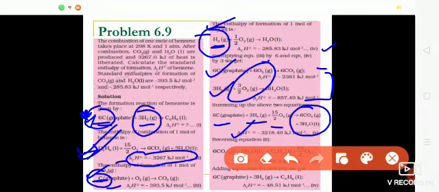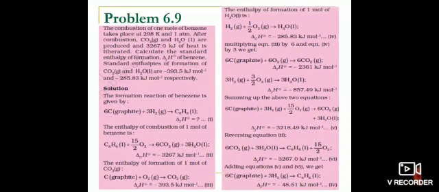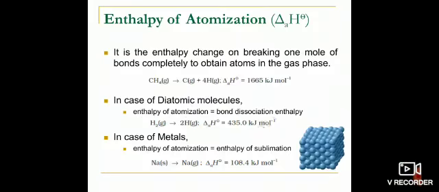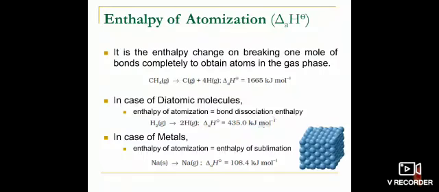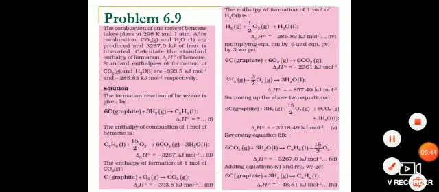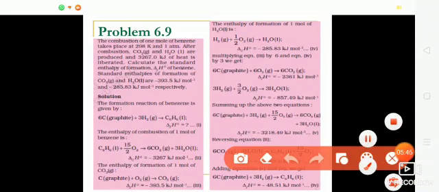In our textbook, you can see that the sign of the enthalpy is not changed. It should have been changed. I can show you here, this value. In this reaction, you can see equation 2 has been reversed, but the sign has not changed. So it should have been plus now.